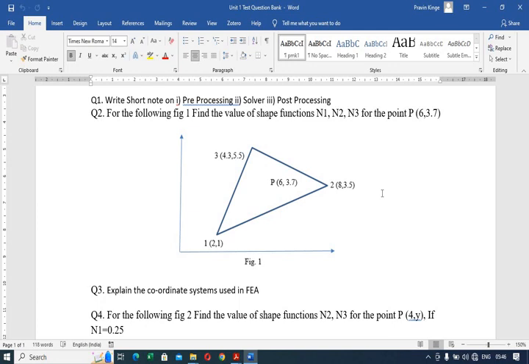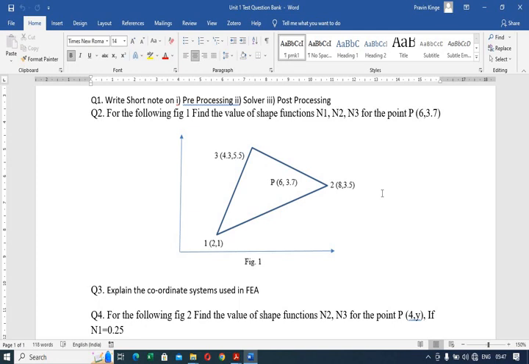While writing the answer to this question, it is expected that you explain each coordinate system in 2 sentences and a small figure. In the global coordinate system, the figure represents the coordinates of the node with reference to a certain reference point. In the local coordinate system, the coordinates of the nodes are defined locally, and in the natural coordinate system, minus psi and plus psi are used in case of a one-dimensional bar element.